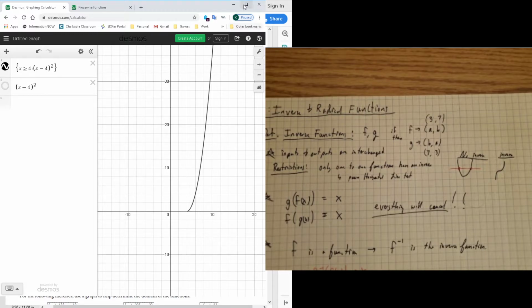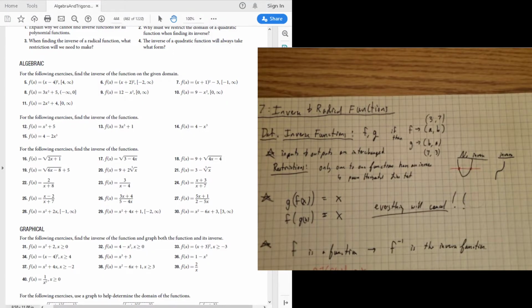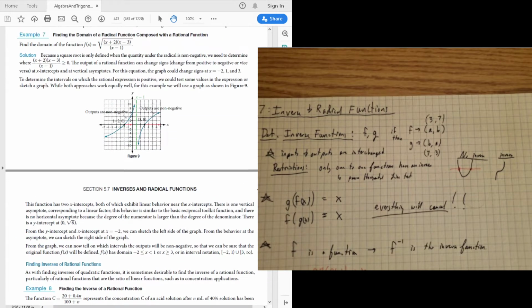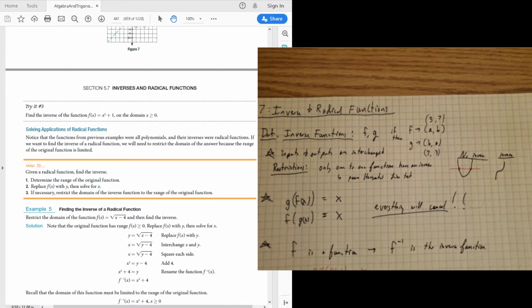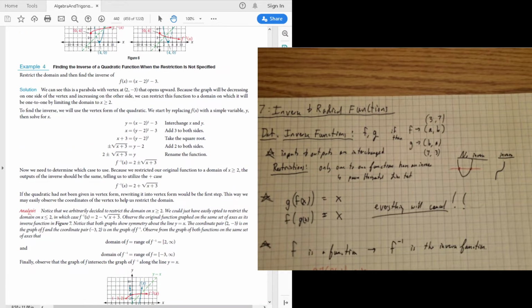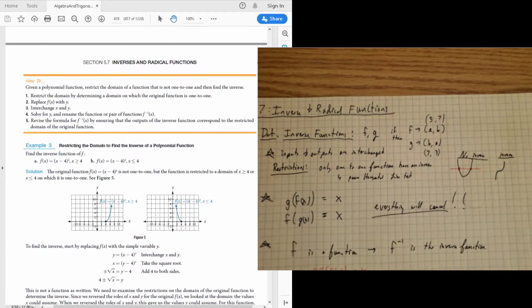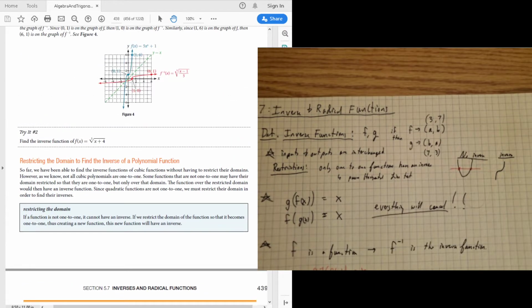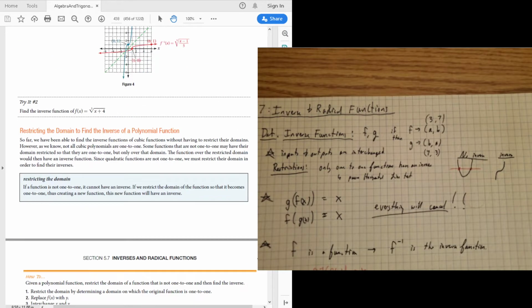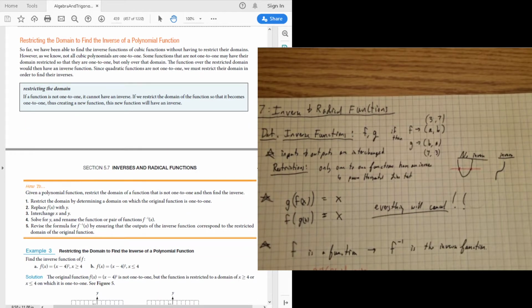Well, let's go back to our notes. Okay. So how do we deal with these inverses? Well, it helps if we understand the domains of these inverse functions. And let's go to right here. Here we go. Okay.